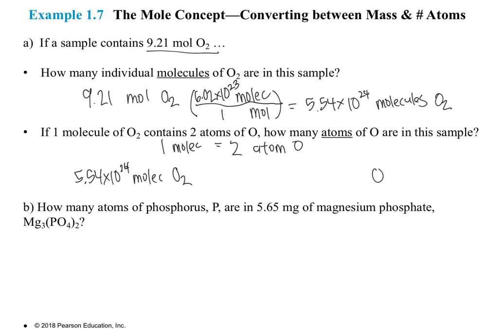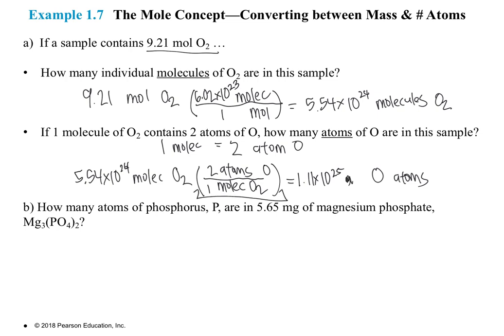I want to find out how many oxygen atoms there are. So now we can just use this conversion factor that 1 molecule of O2 is 2 atoms of oxygen. So I'm just going to multiply by 2. So I end up getting 1.11 times 10 to the 25 atoms. So this is just another conversion factor. So many ways we can use conversion factors.